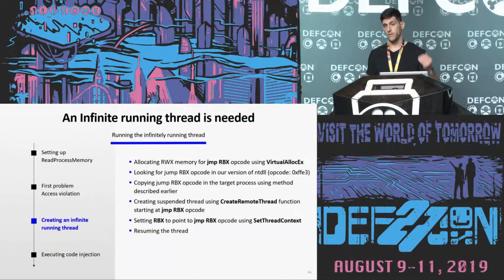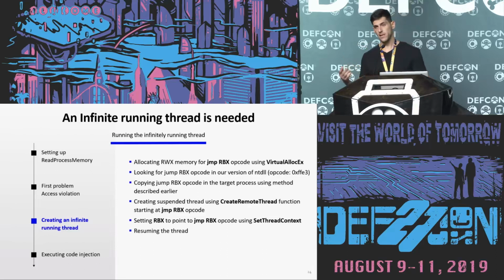So what we're going to do is allocate memory for jmp RBX. Then we will look for the jmp RBX opcode in our ntdll version in the injecting process. We will copy it using the method described earlier to the target process. Then we'll create a suspended remote thread that points to the jmp RBX that we just copied.